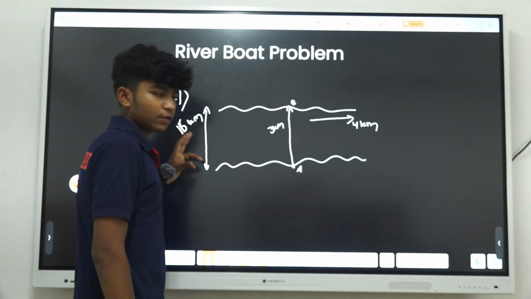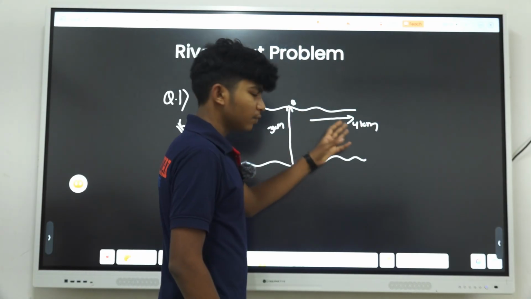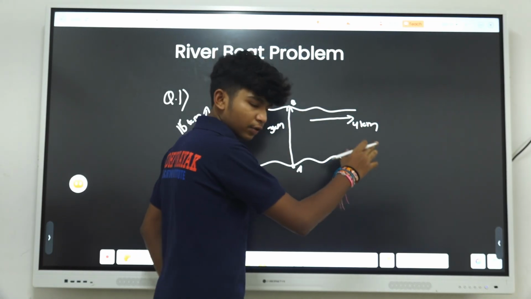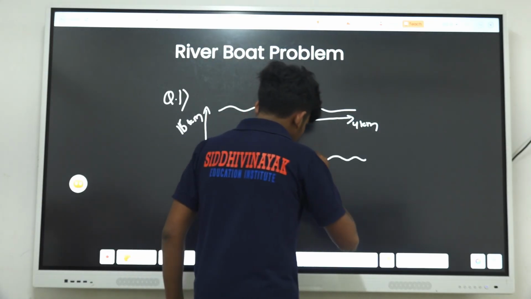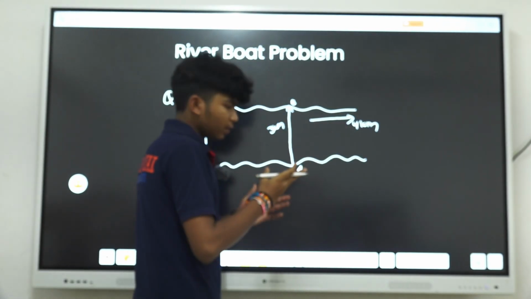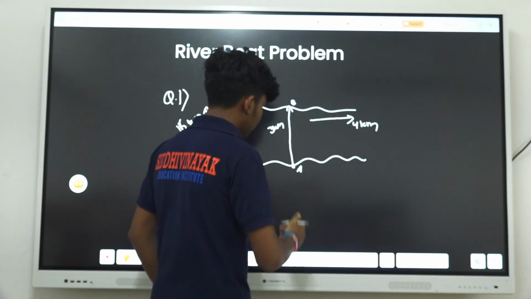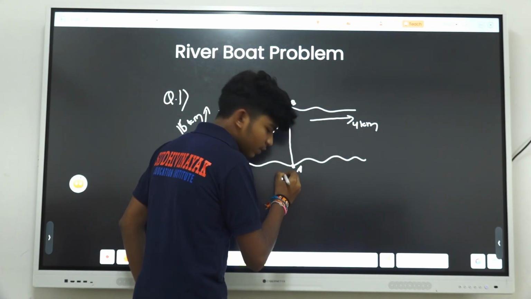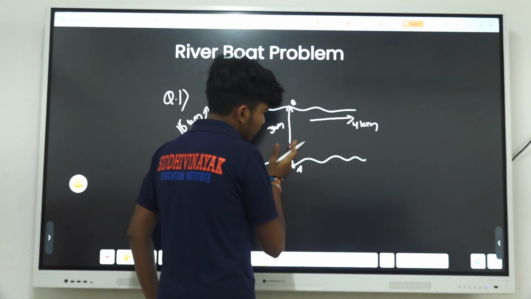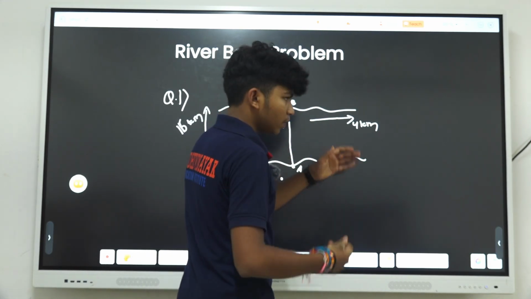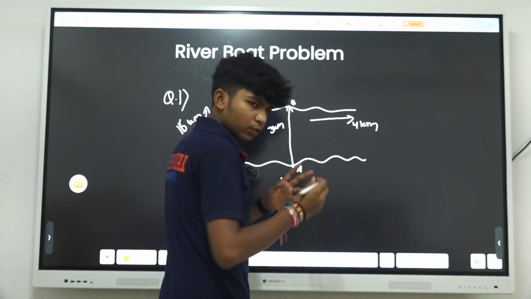The width of the river is 16 kilometers, and the speed of the river is 4 kilometers per hour. If you see the person from this frame of reference, the river has its own velocity, so the person will have two velocities.